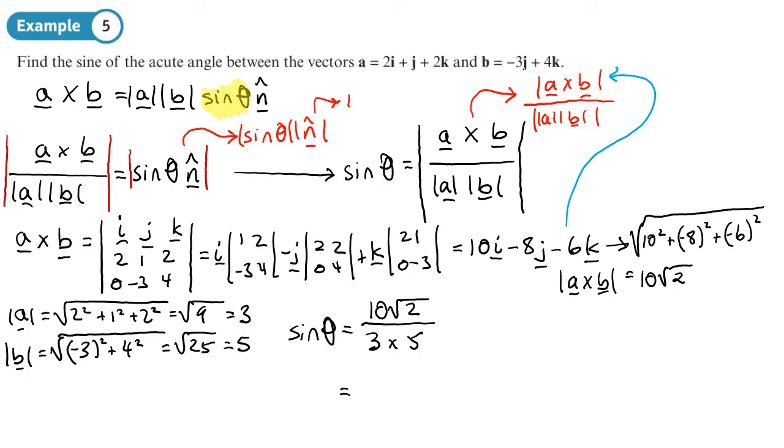So 10 root 2 divided by 15, and I get 2 root 2 over 3 as a final answer if I simplify it. So 2 root 2 over 3 for my final answer there. So let's just highlight that.